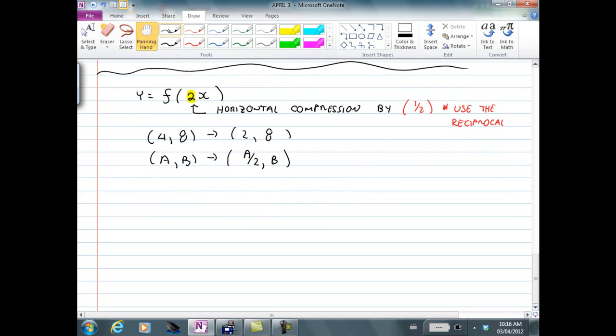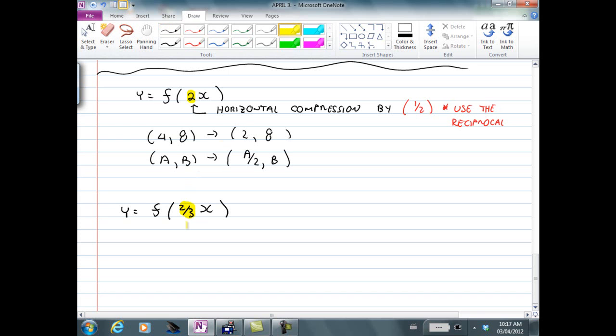What if I give you this? Y equals f of 2/3 x. I look at this 2/3, and a lot of you think, hey, 2/3 is a small number.